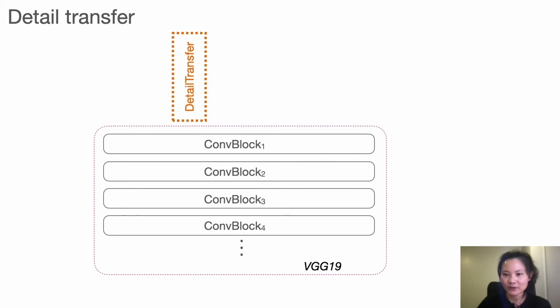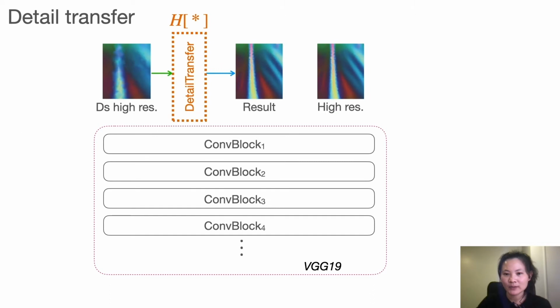Inspired by the style transfer approach, we cast our problem as detail transfer across the normal maps of the garments. With a low-resolution normal map as input, our detail transfer function produces a normal map that is expected to have the same detail quality as a high-resolution normal map, while maintaining the coarse folds of the input.